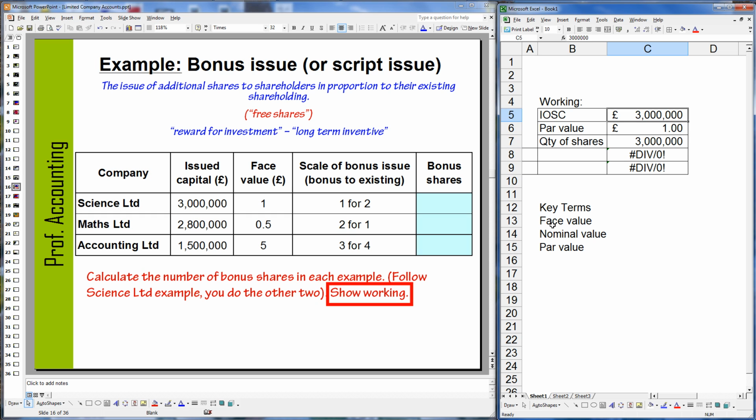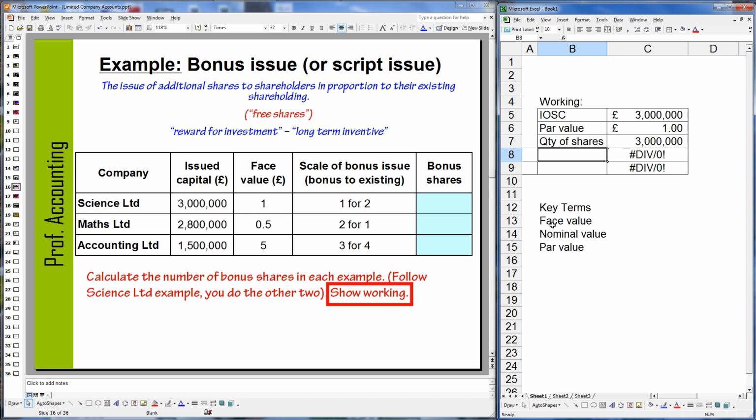So let's look at the scale. It's got 1 for 2, bonus to existing. So 1 bonus share for 2 existing shares. So what you need to do now is, with the harder bit for just the procedure, we've got 3 million shares issued. Don't forget there's another term called authorised share capital, and that is the current maximum amount of shares or share value that can be in existence.